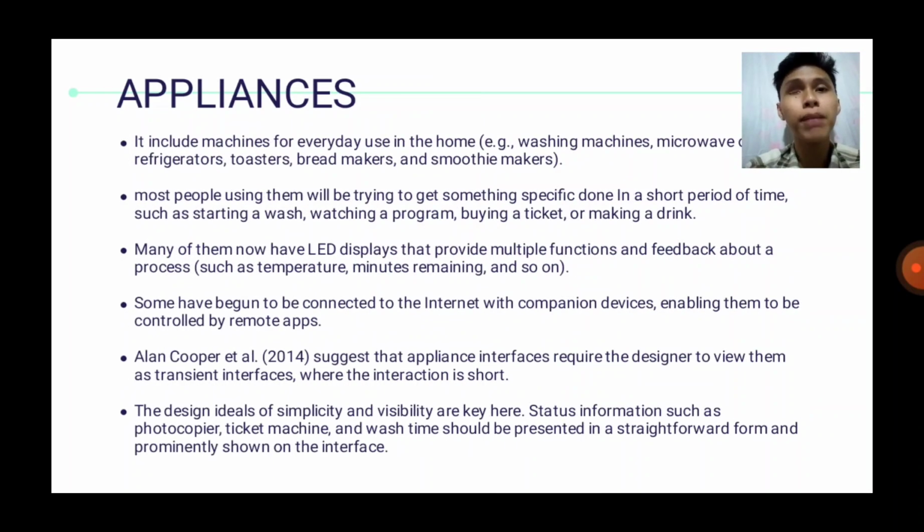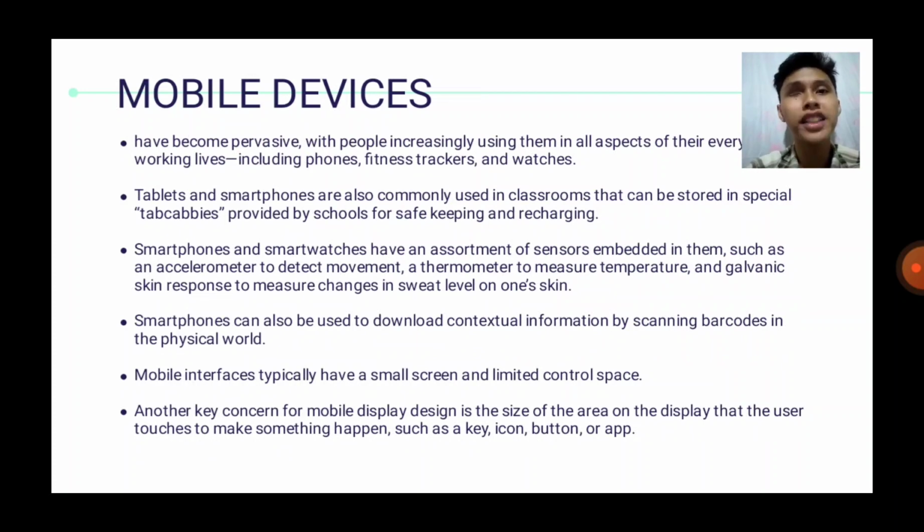Mobile devices have become pervasive, with people increasingly using them in all aspects of their everyday and working lives, including phones, fitness trackers, and smartwatches. Tablets and smartphones are also commonly used in classrooms, where they can be stored in special tablet caddies provided by the school for safekeeping and recharging.